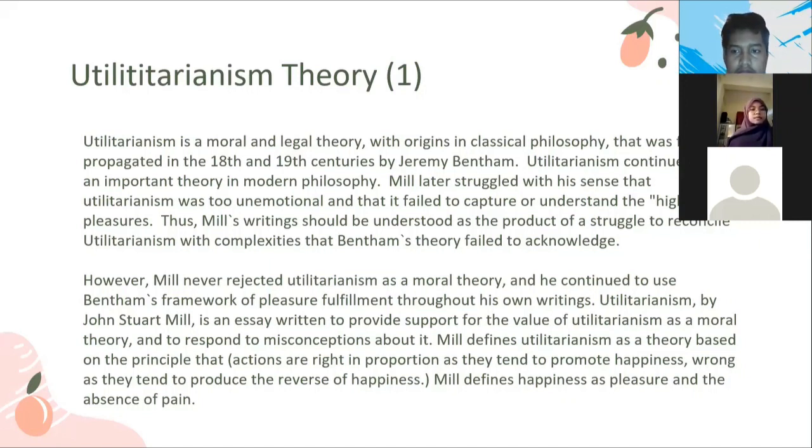He supports this claim by showing that all the other objects of people's desire are either means to happiness or included in the definition of happiness. He expands on this, arguing that the sentiment of justice is actually based on utility, and that rights exist only because they are necessary for human happiness.